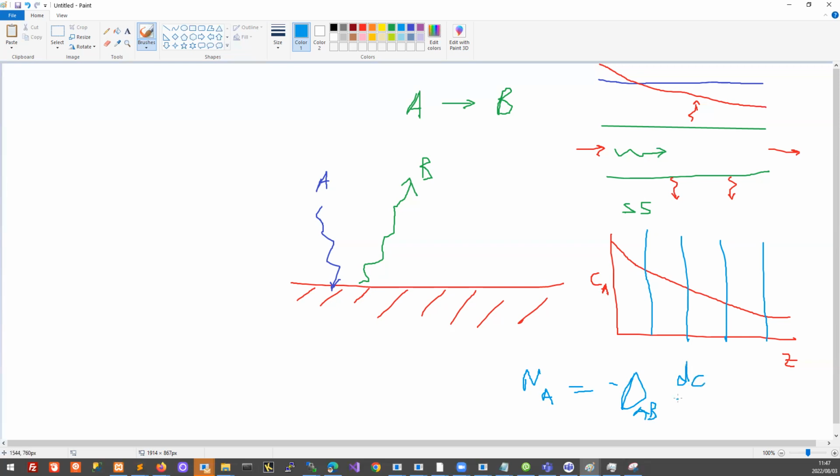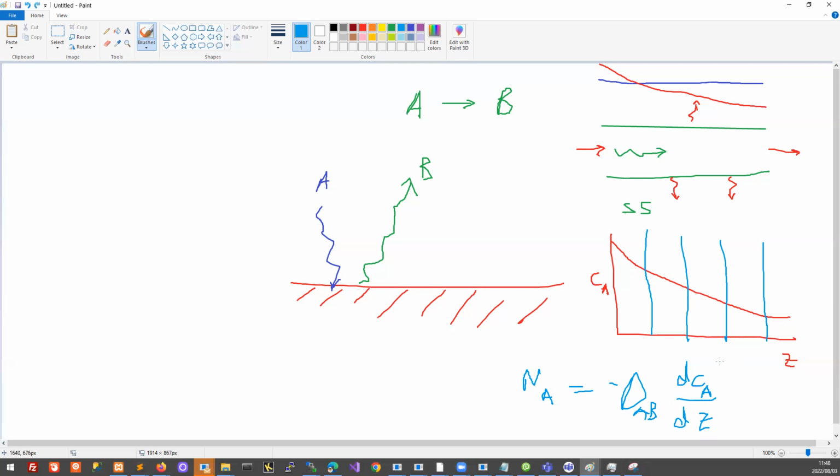dC_A/dz. So if this gradient is perfectly linear, if it's a straight line, then the gradient at all these points is the same. And so this dC_A/dz is independent of z itself.